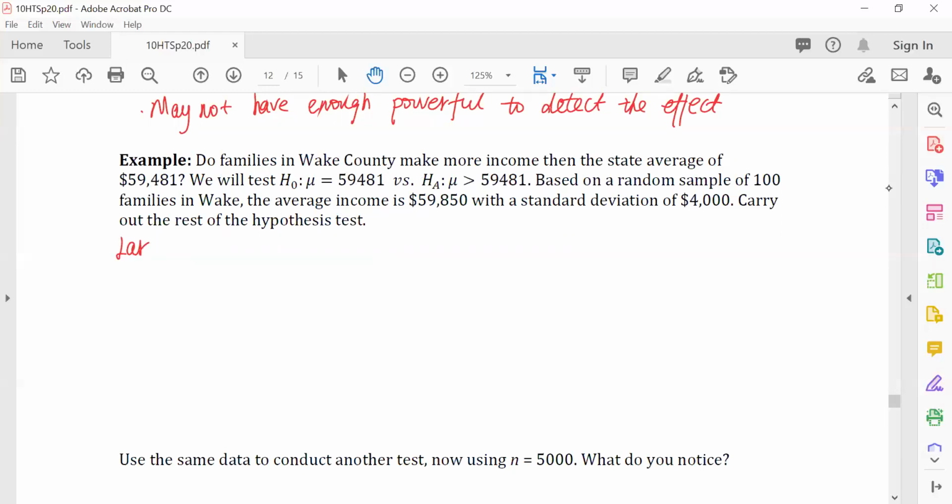The first step, establishing a null and alternative hypothesis, has been provided in the question. The second step is to check the conditions. This is a large random sample, so the conditions are met.